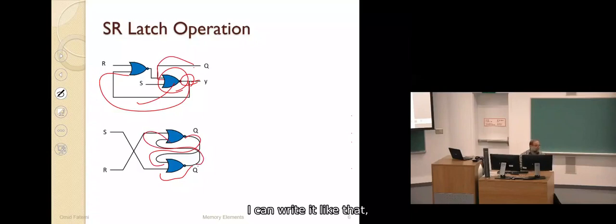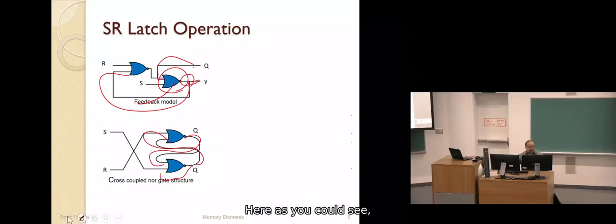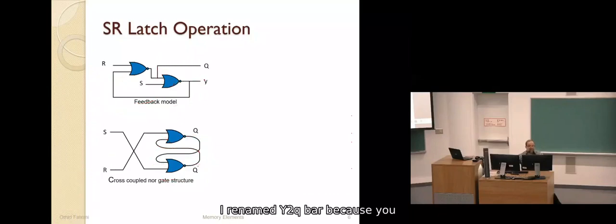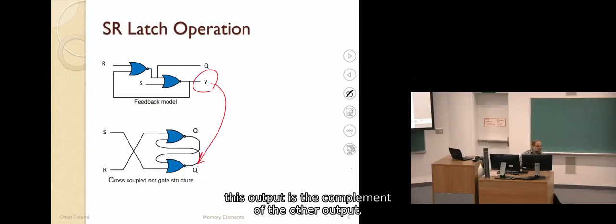So I can write it like that, which is a better representation, and we call it the cross-coupled NOR gate structure for the SR latch, which we will discuss. The first one, we call the feedback model. And here, as you could see, I renamed Y to Q bar, because every time this output is the complement of the other output.